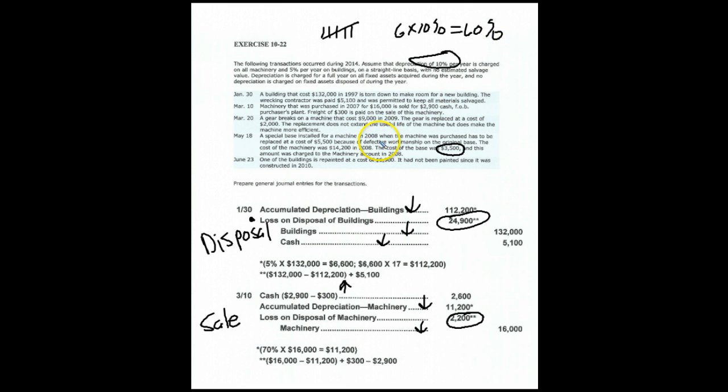Now notice, even though we're in 2014, I did not include 2014 because it tells us that they have a policy: no depreciation is charged in the year that the asset is disposed. So they just have an accounting policy. The reason they can have that kind of policy is it's really immaterial. One year's depreciation is going to be immaterial for the entire income statement.